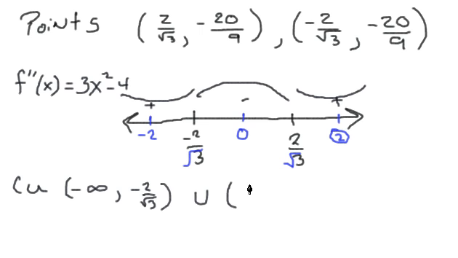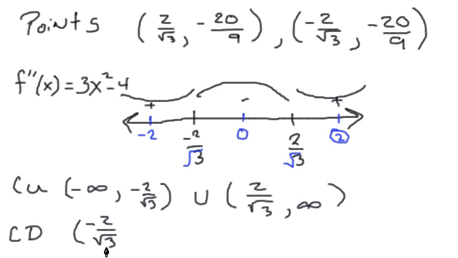And then this would be from 2 over the square root of 3 to infinity. Okay, so that's where it's concave up. And then concave down is from negative 2 over square root of 3, comma, 2 over square root of 3. Okay.